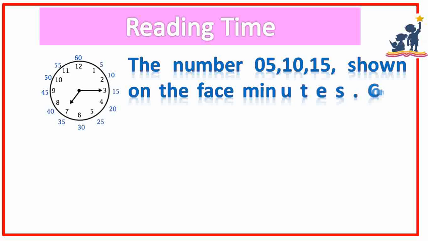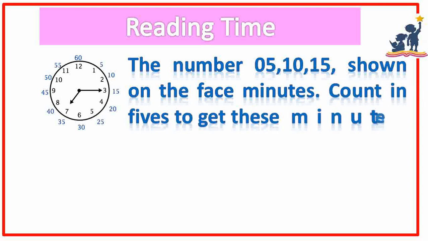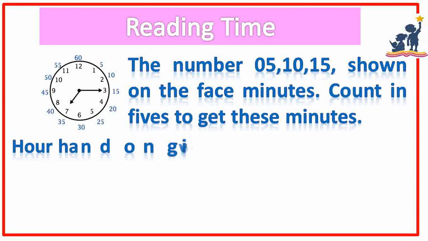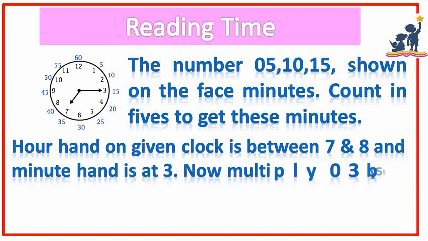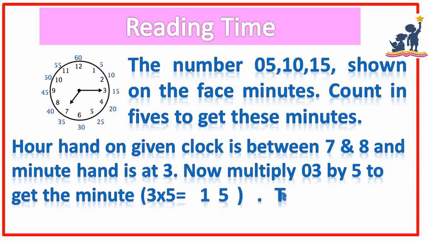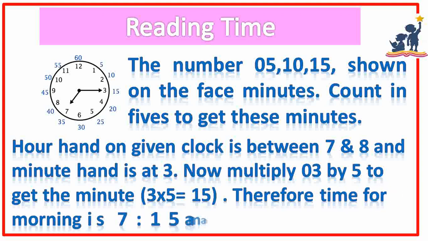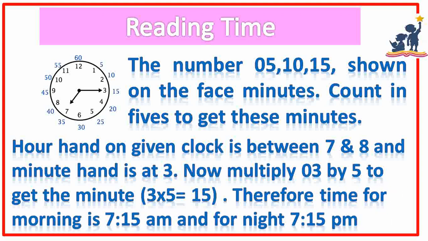Here, the numbers 5, 10, 15 shown on the face are minutes. Count in fives to get these minutes. The hour hand on the given clock is between 7 and 8 and the minute hand is at 3. Now multiply 3 by 5 to get the minutes.